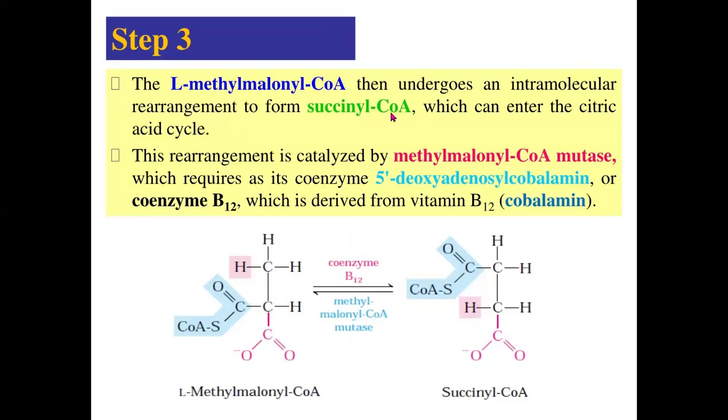Succinyl-CoA is an intermediate in the TCA cycle. Now, this rearrangement is catalyzed by methylmalonyl-CoA mutase, and it requires as its cofactor 5-deoxyadenosylcobalamin, or what we call coenzyme B12, which is derived from vitamin B12. So this is the reaction.